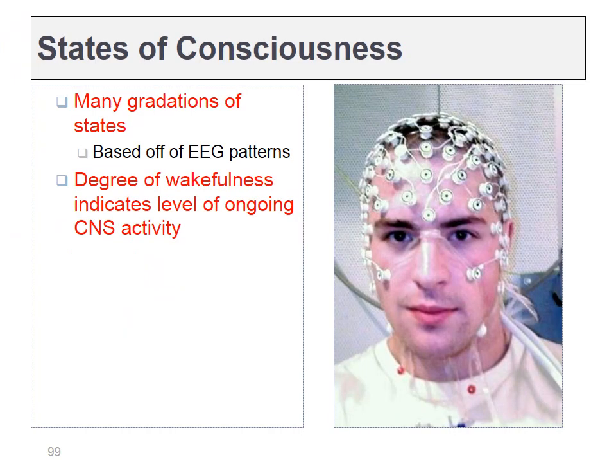Next up, let's talk about sleep. When we go to sleep, our brain activity does not decrease. It remains just as active as it is when we are awake. Its pattern of activity does change, however, and the pattern of activity can be measured by a device called an EEG. This device will detect electrical activity at the surface of the skin.